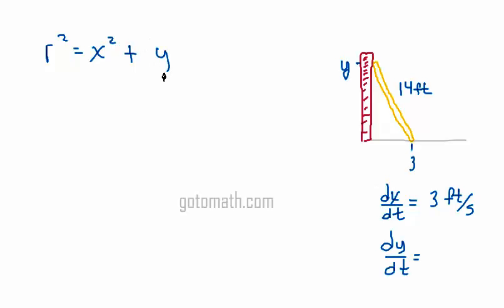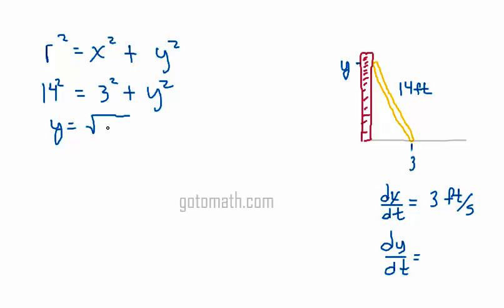So let's go ahead and find that. This is 14 squared equals x squared, where x is 3, so 3 squared plus y squared. So we just want to solve for y in this problem. Take 3 squared to the other side, so you have 14 squared minus 3 squared.